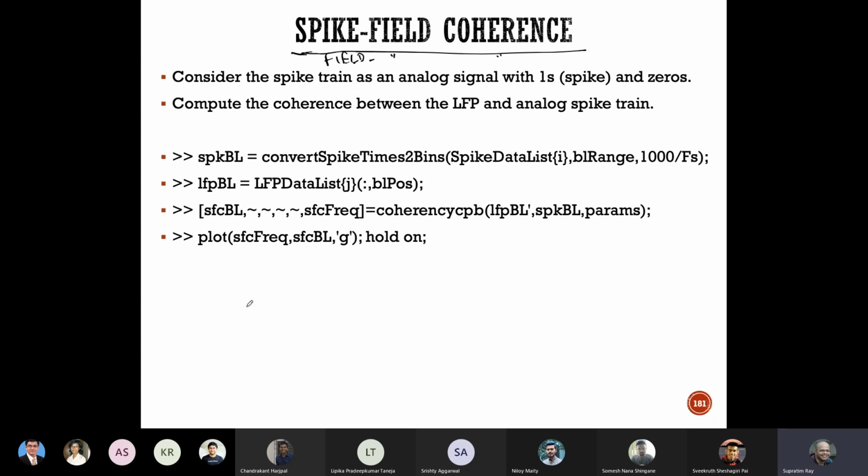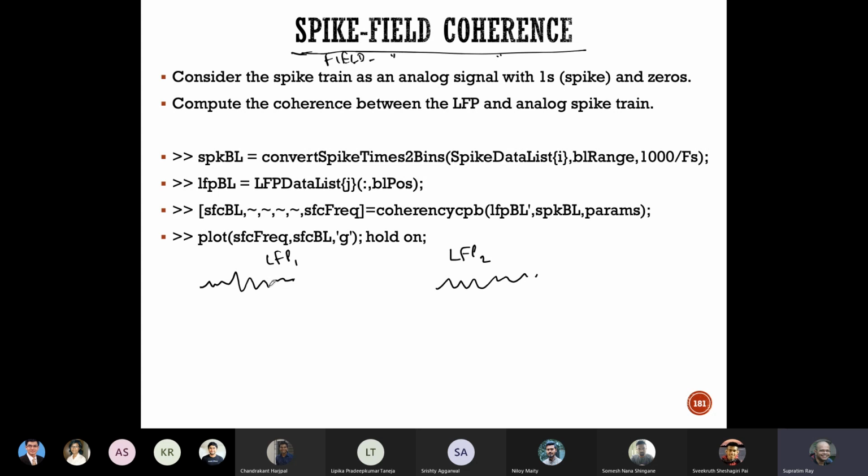So remember, what was field coherence? You had an LFP signal from electrode 1 and LFP from another electrode, and you were looking at the cross spectrum.